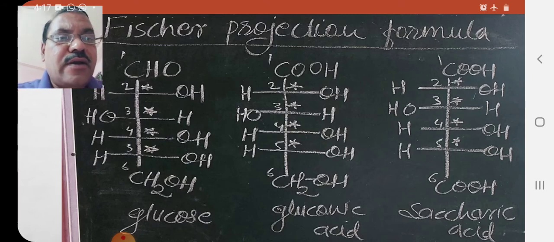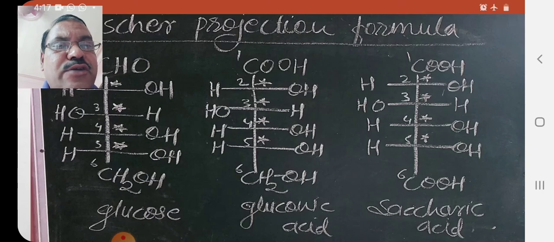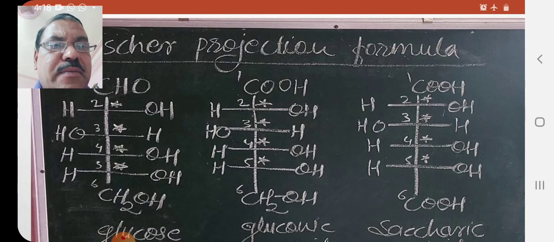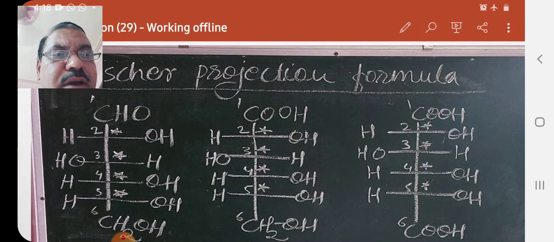Similarly, the structure of gluconic acid: instead of CHO, it is converted into a COOH group. Gluconic acid is formed. The remaining part is the same. Out of these 6 carbon atoms, carbon numbers 2, 3, 4 and 5 are not shown in the structure, but it is assumed that at every cross there is one carbon atom, and there is a star on each carbon atom.